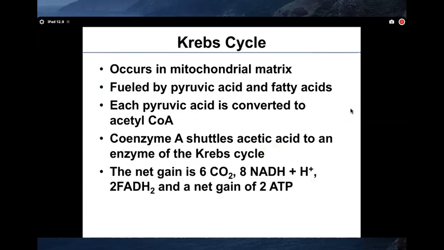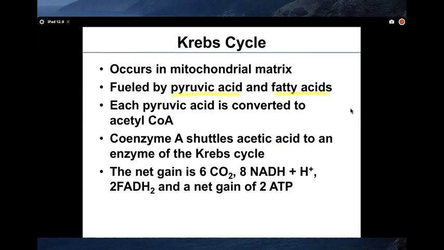Second phase of the breakdown of the glucose is going to be taking place inside the mitochondrial matrix, on the inside of the inner membrane of the mitochondria. It's going to be filled up by the pyruvic acid, and as we're going to see, also by fatty acids that have the ability to transform into acetyl-CoA.